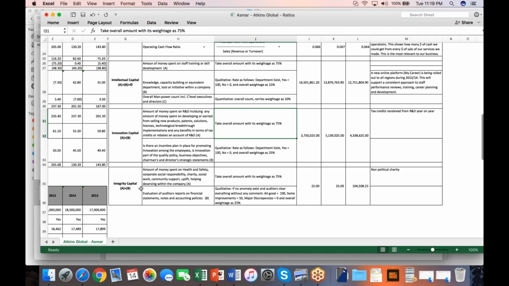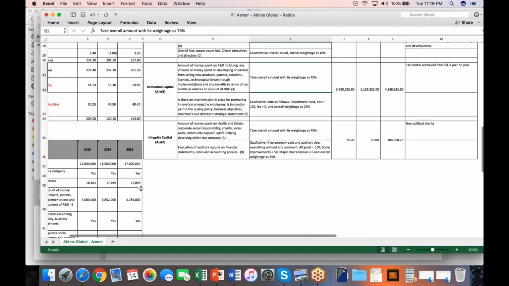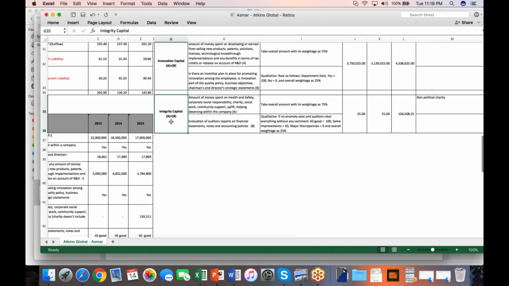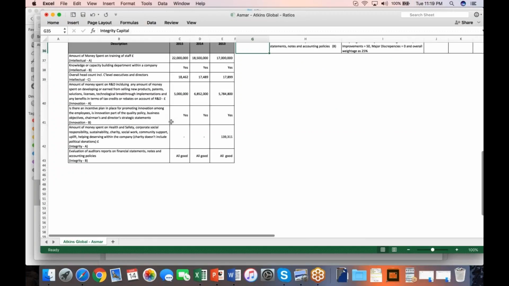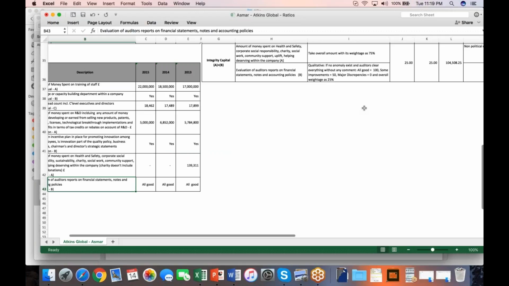And the last one is the integrity one. This one I struggled with because I did not find any. The last point is the evaluation of auditors' reports and notes and accounting policies. Is it all good? Are there improvements suggested by the auditors, or major discrepancies reported?